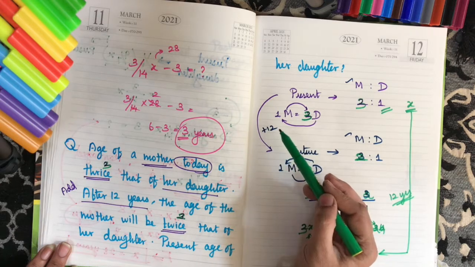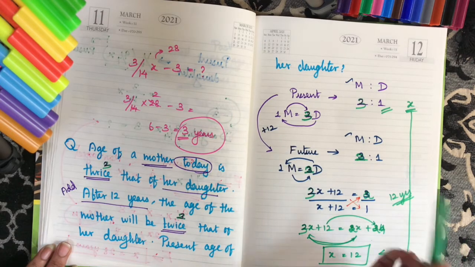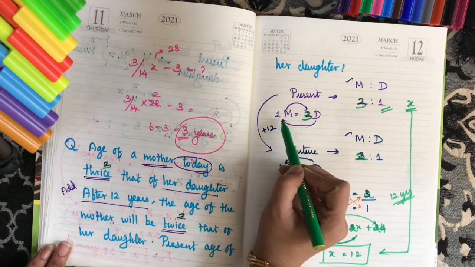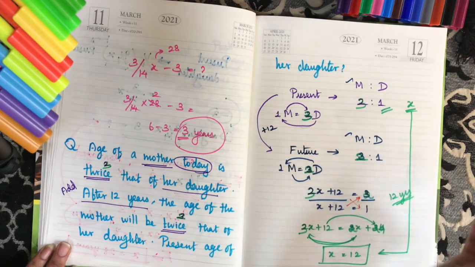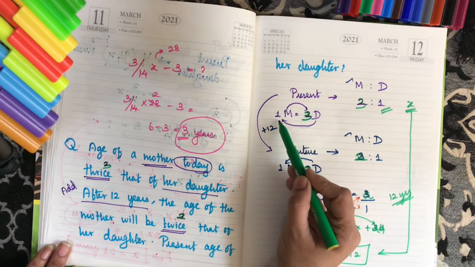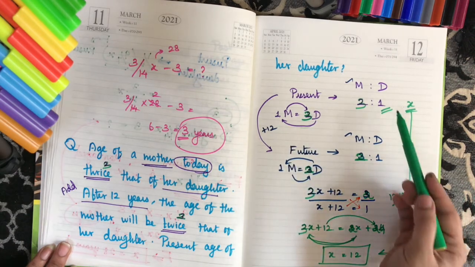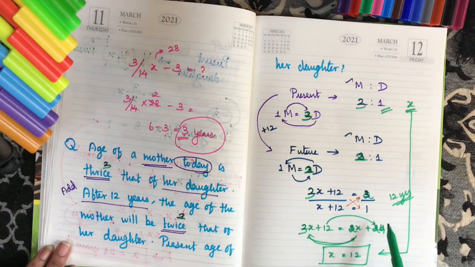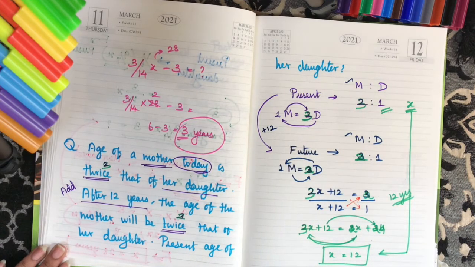So we need to add. Okay, after that I can easily get the ratio 3 is to 1, 2 is to 1 because mother belongs to 3 and daughter belongs to 1. Same here. So after that I'm just forming the equation and solve it. Actually the x is the daughter's age, so 12 years is the daughter's age.